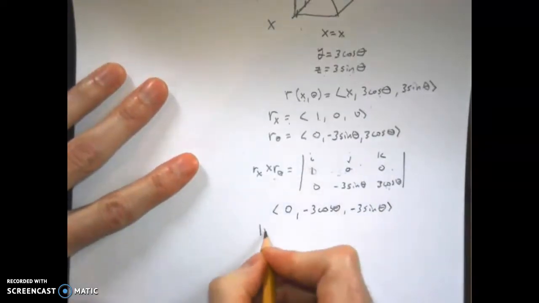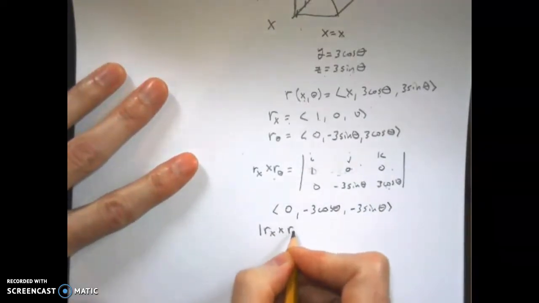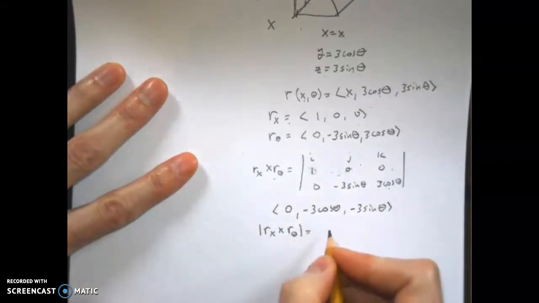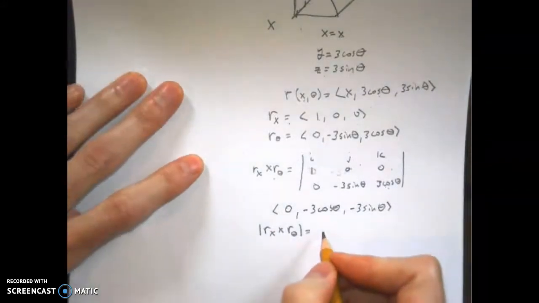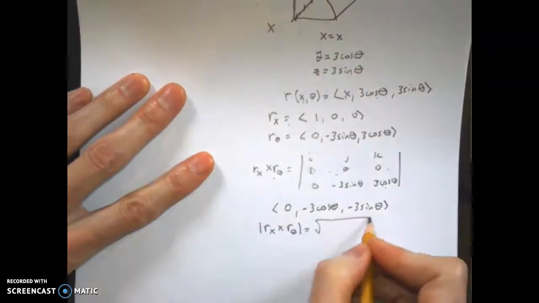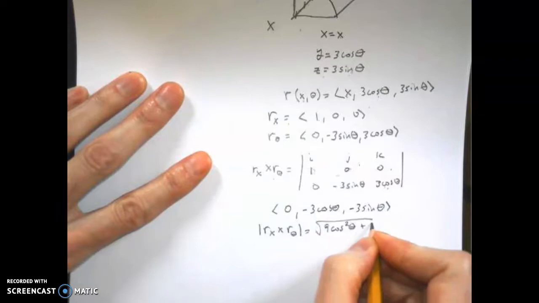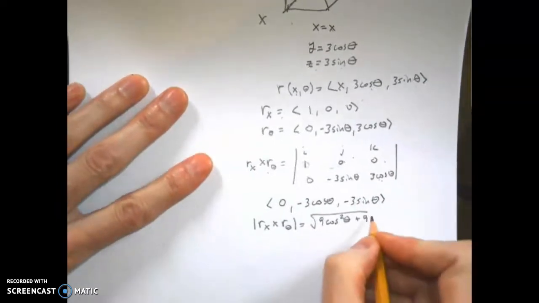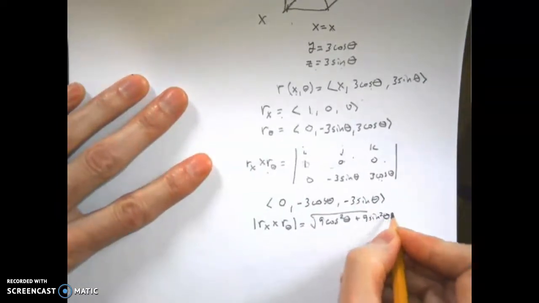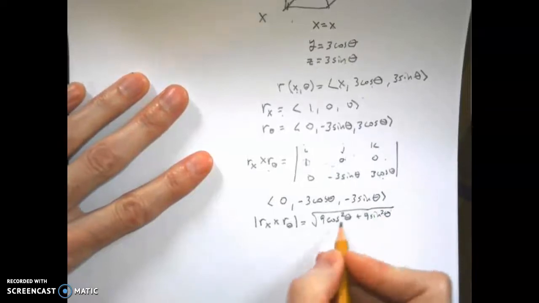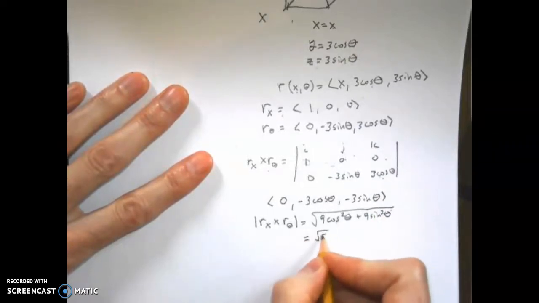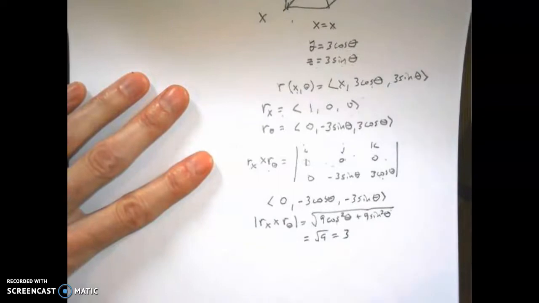So the magnitude of r_x crossed with r_theta is the square root of 9 cosine squared theta plus 9 sine squared theta, which is just the square root of 9, which ends up being 3.